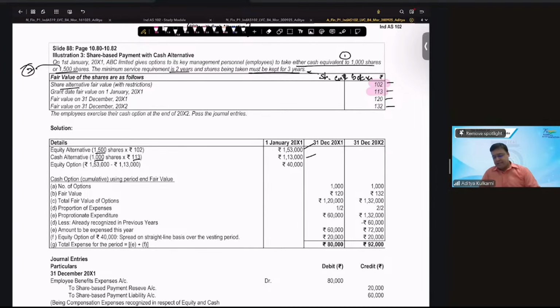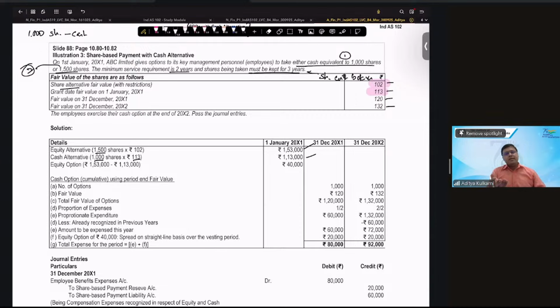Think of it like this: employee, you have the option to get cash equivalent to 1000 shares, or in return you can get equity shares worth 1500 with restricted usage, with lock-in period.